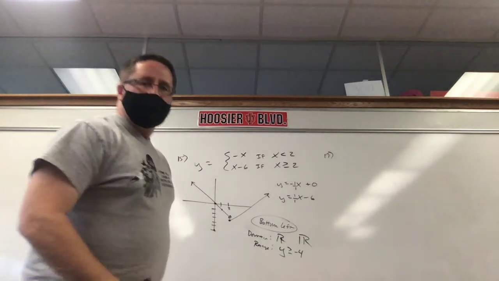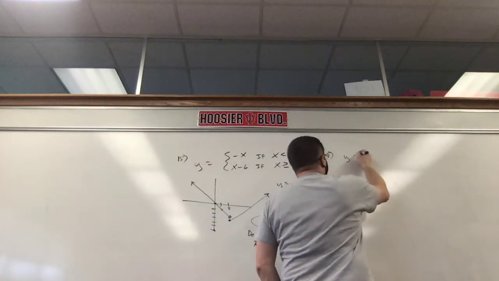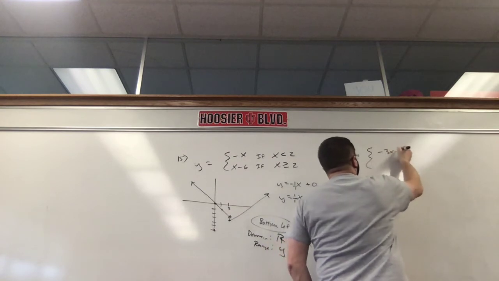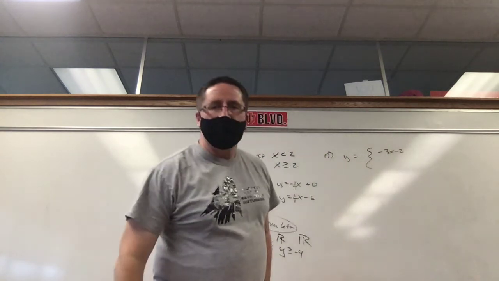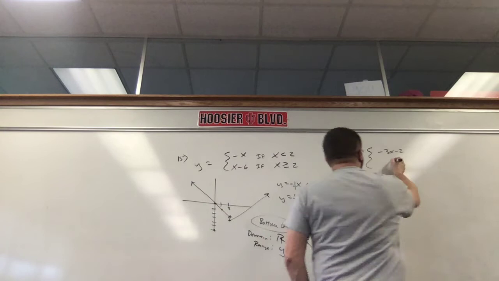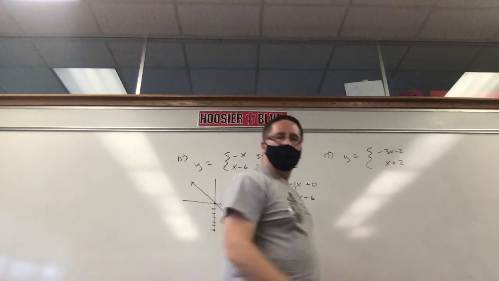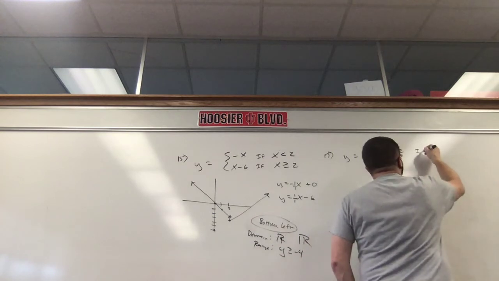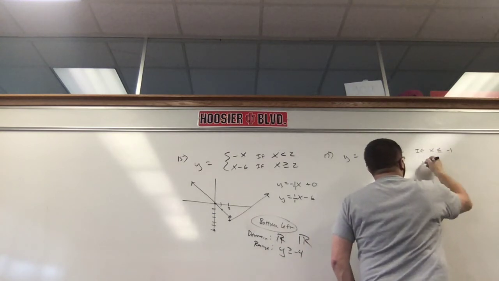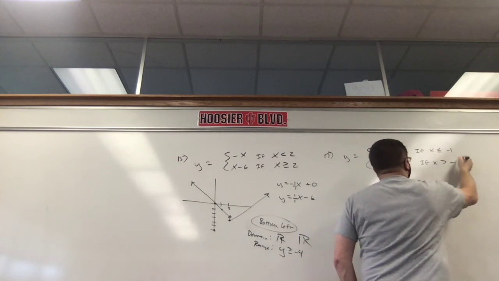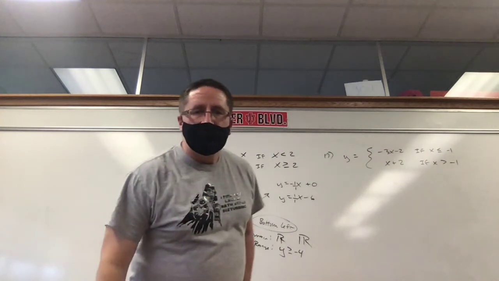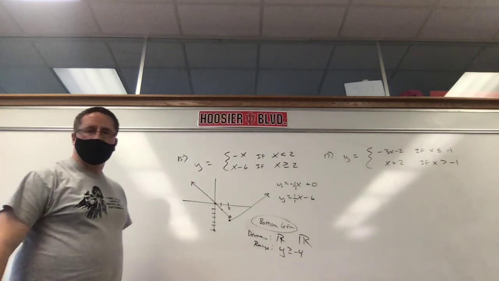Okay, y equals -3x minus 2. And then we have x plus 2. And we have x is less than or equal to -1, and if x is bigger than -1. Okay, jot those down.